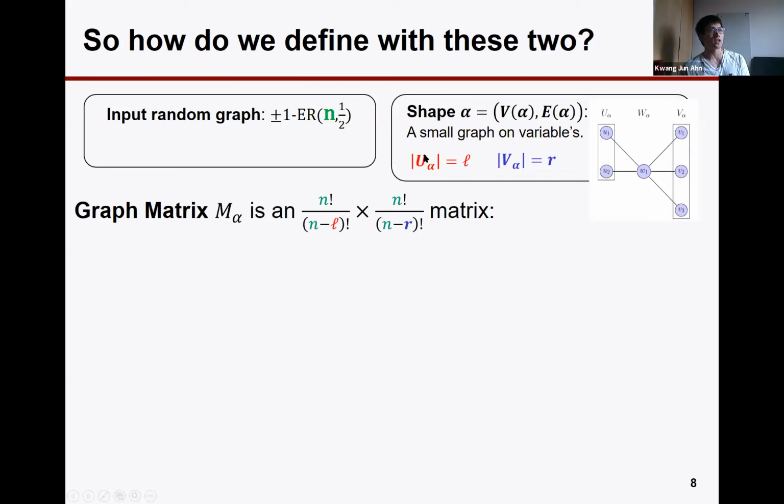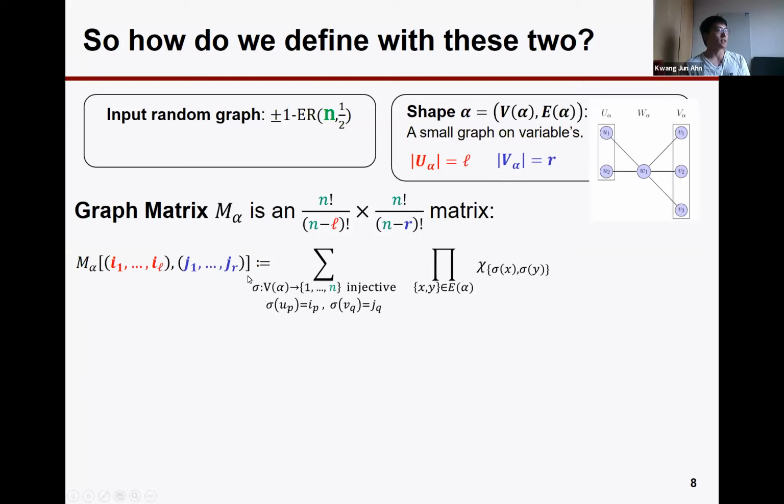Then the graph matrix corresponding to the shape alpha is a random matrix of this dimension, where each entry is specified by an L tuple as a row index and an R tuple as a column index. It's quite a complicated expression, but I'll break it down. It's a summation over all injective maps from this set of variables to the indices of this product term.